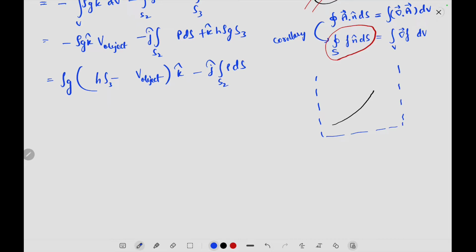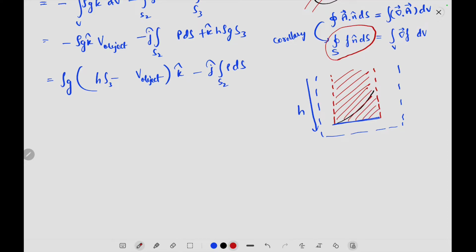Okay, now what is HS3? HS3 is simply, so this was my H and S3 was the area of this surface. So HS3 is this much volume, right?